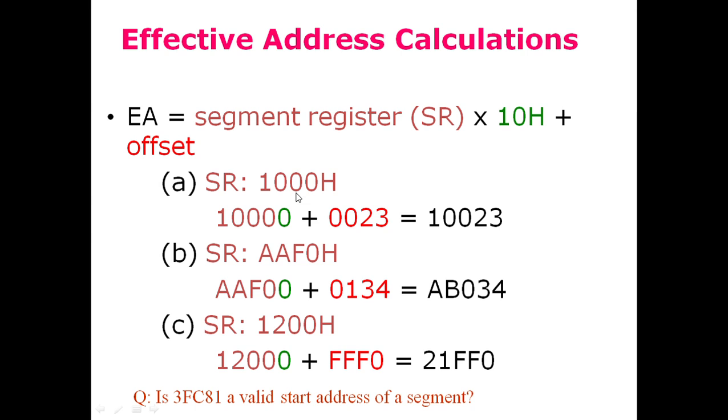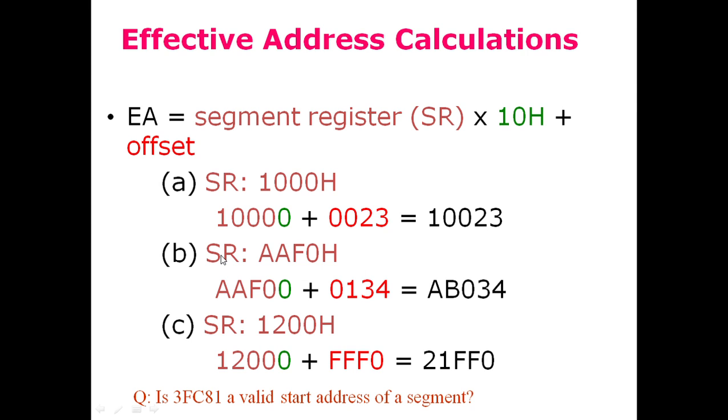This is the 16-bit value taken from any segment register. A 0 is appended at the right hand side; appending this 0 is equivalent to multiplying this value by 10H. And let's suppose the offset address in this example is 0023. So these two values are added, and the effective address that is calculated is 10023.